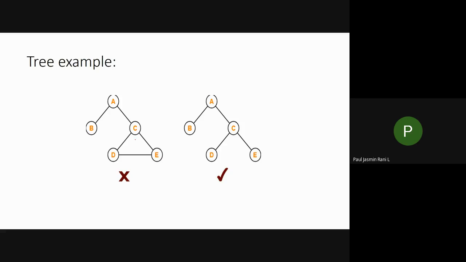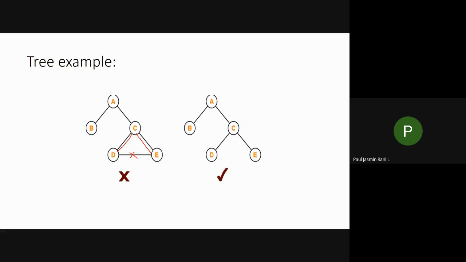Say D is already connected with C, and let us consider C is connected with E, you should not connect your D node with your E node. When you connect it like this, this type of structure we call a graph data structure. This is not a tree data structure.